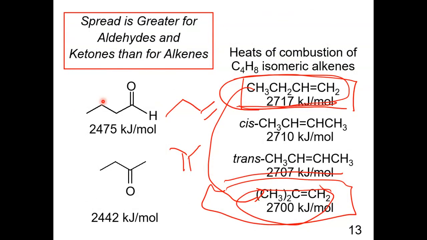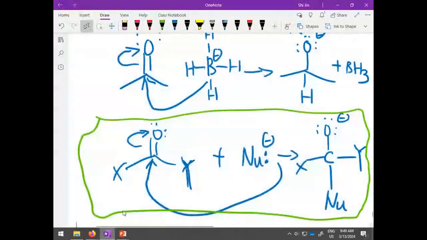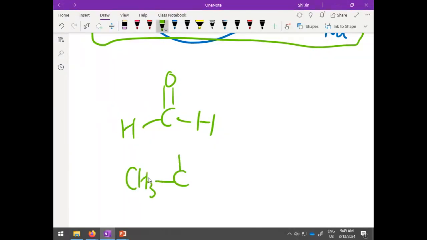So if we take this as a hint, now we compare just the carbonyl stability. Assume we can isolate the carbonyl group and measure their stability.